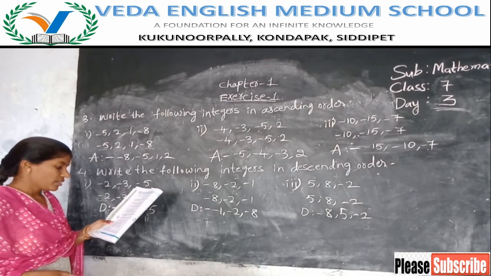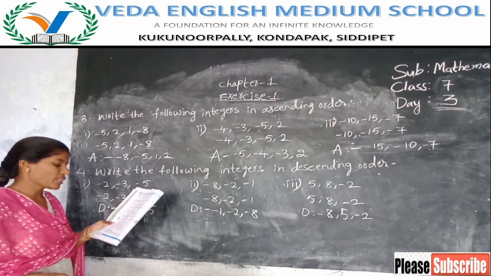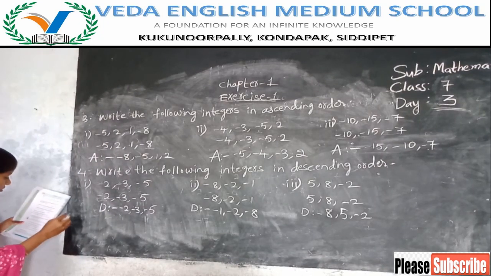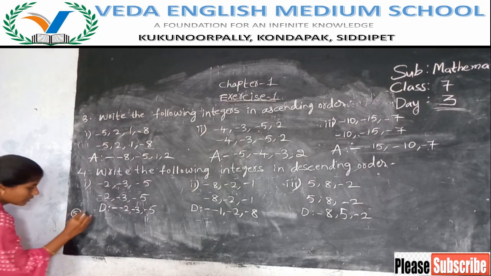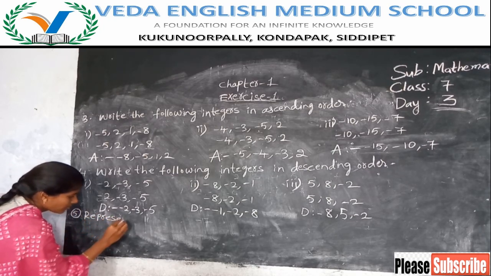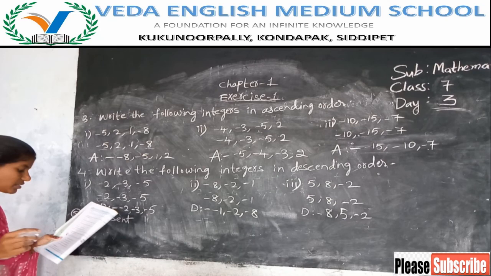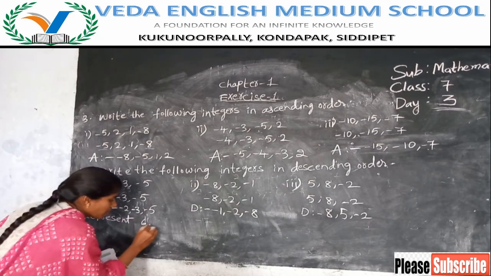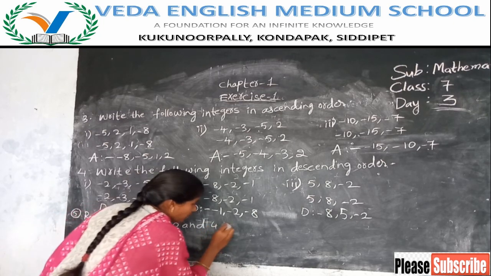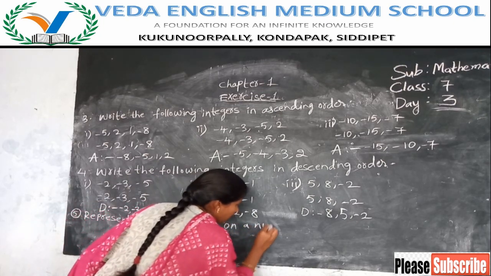Last, the fifth one. Represent 6, -4, 0 and 4 on a number line.